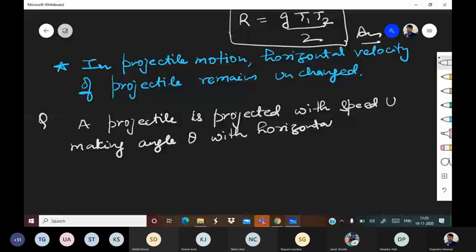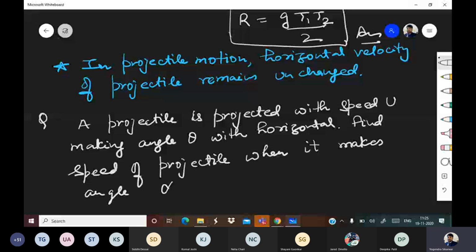Find the speed of the projectile when it makes angle alpha with horizontal. Okay, please find.